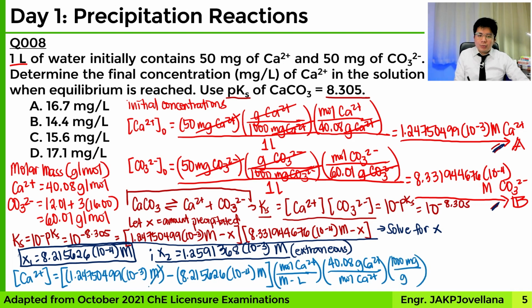So we can cancel molars, cancel moles of Ca2+, and cancel grams of Ca2+. So our final value is around 17.07 milligrams of Ca2+ per liter.